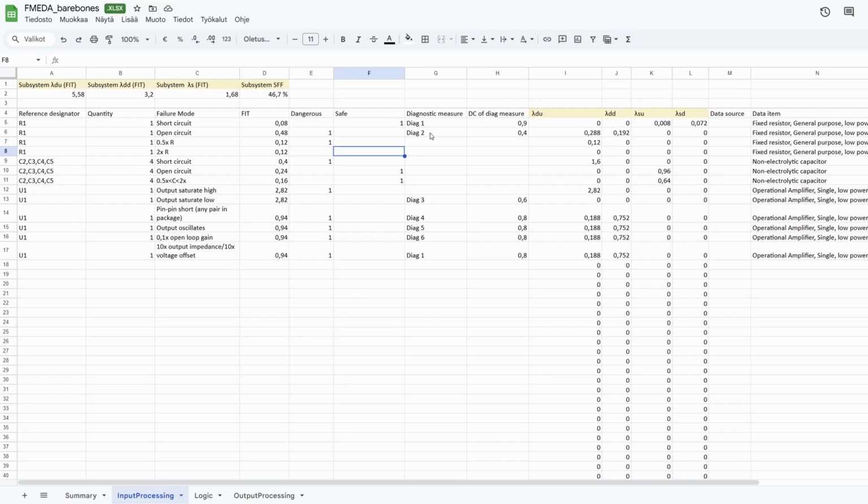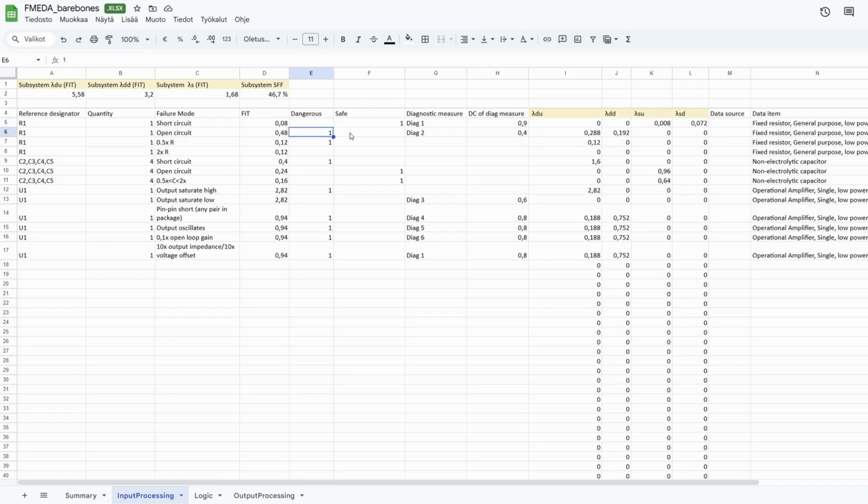The second column then takes diagnostics into account, and they will use this diagnostic coverage to multiply with the amount that we have in here. The one here selects into the safe and multiplies by the diagnostic measure to get the safe undetected and detected.